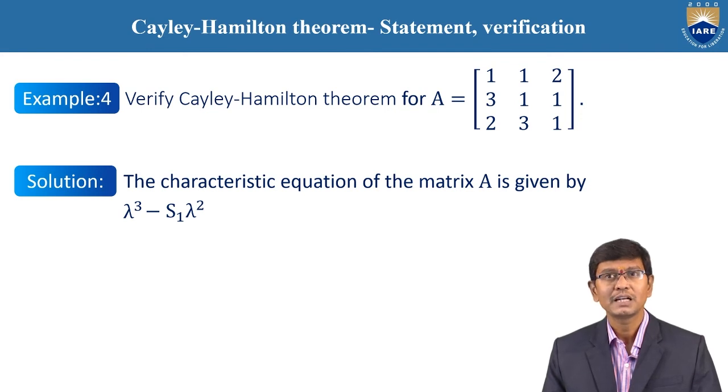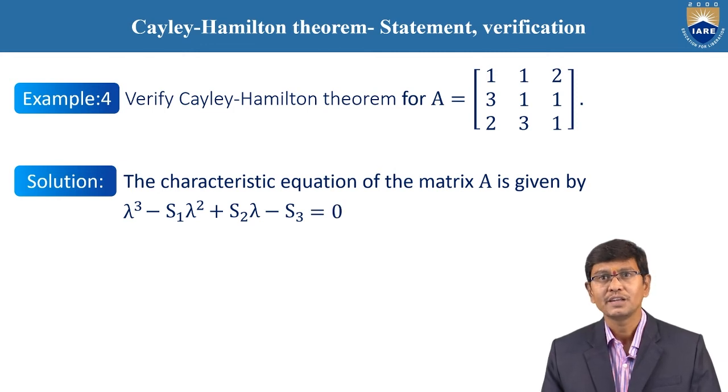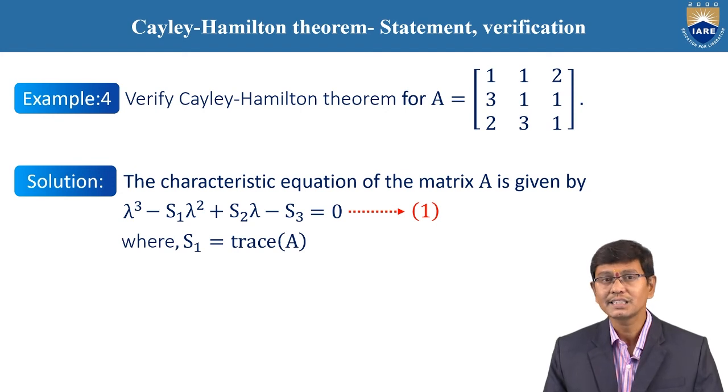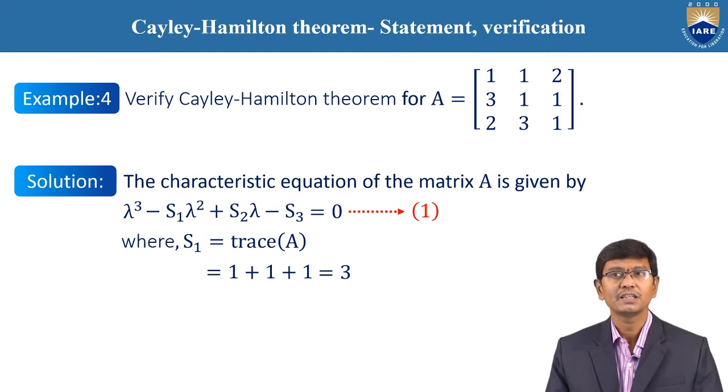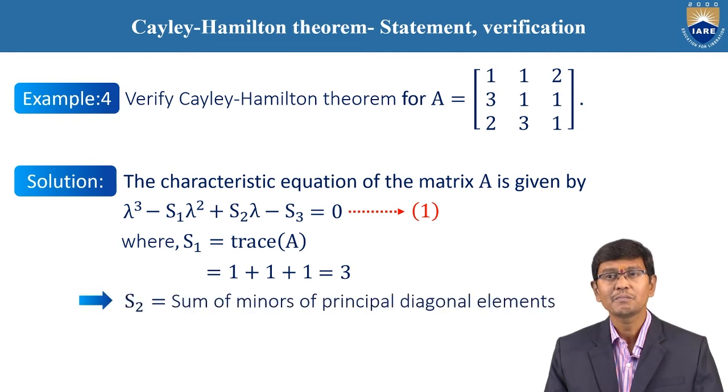Therefore, lambda cube minus S1 lambda square plus S2 lambda minus S3 is equal to 0. Here also, S1 is equal to the trace of the matrix. Here the trace of the matrix is equal to the sum of the diagonal elements. The diagonal elements are clearly 1 plus 1 plus 1 is equal to 3. And similarly, we need to find out the S2 value. Here S2 is the sum of the minors of the principal diagonal elements of the given matrix. Here the principal diagonal elements are 1, 1, 1.